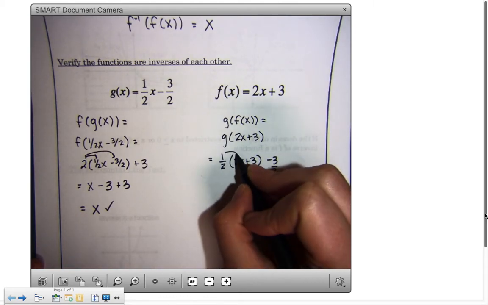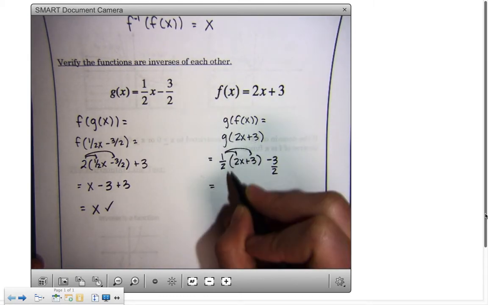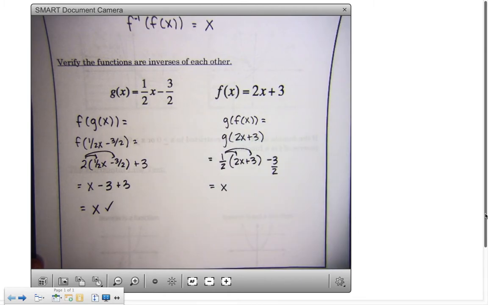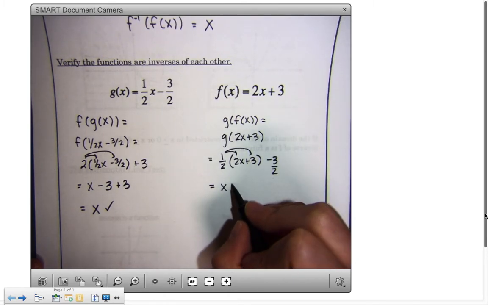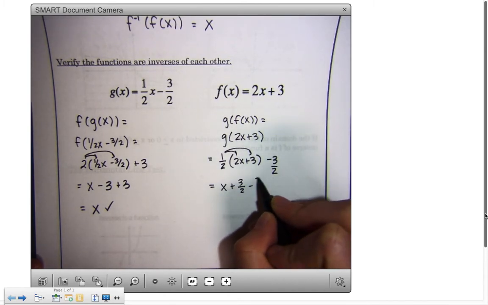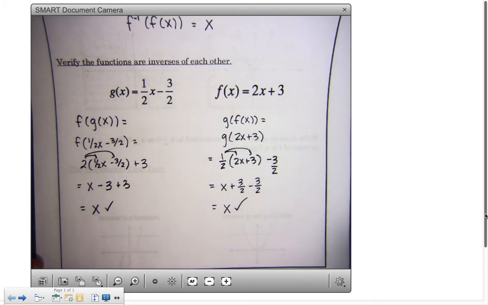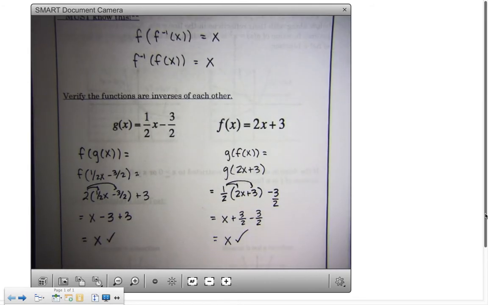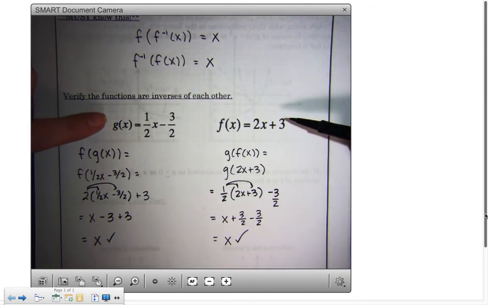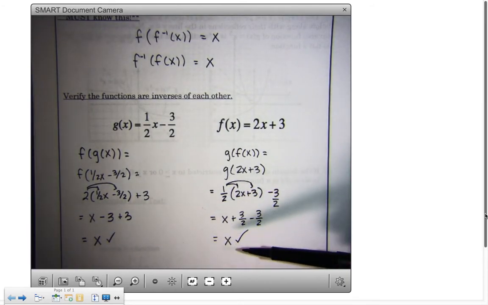Again, distribute the 1/2. 1/2 times 2x is x. 1/2 times 3 is 3/2. You subtract those, again, you get x. So you have confirmed that they are inverses of each other because both compositions gave you the output of x.